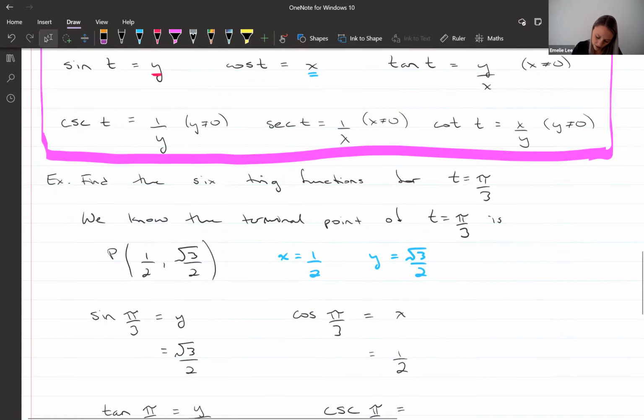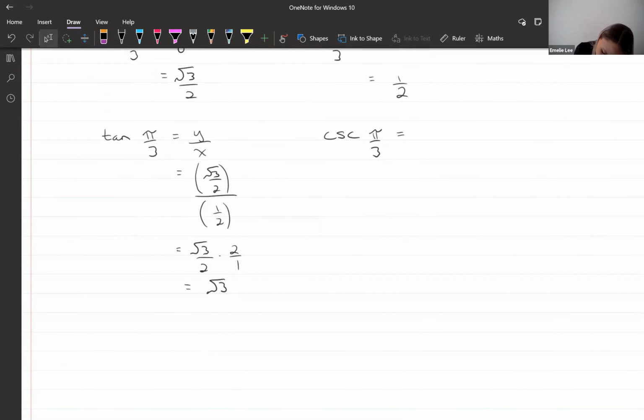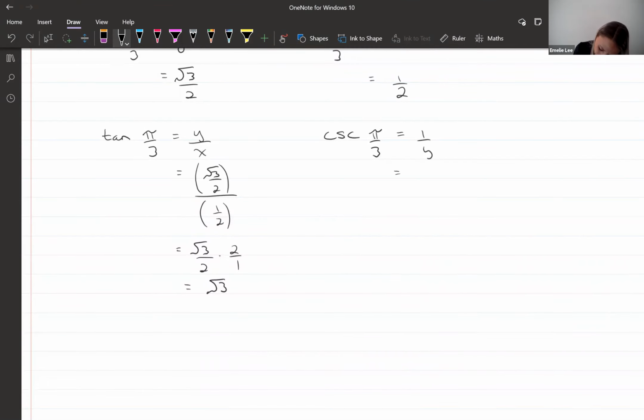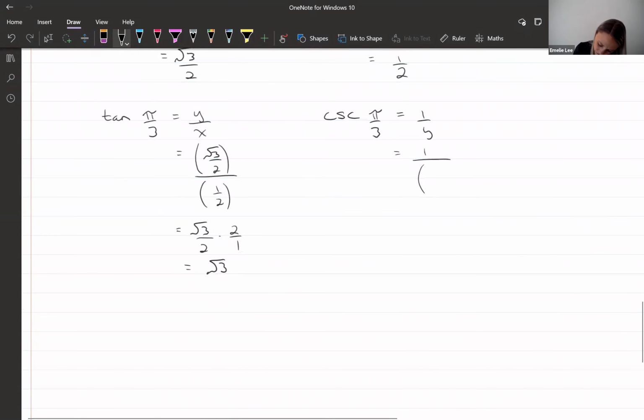Cosecant is 1 over y, which is 1 over root 3 over 2. If I flip and multiply, I get 2 over root 3.